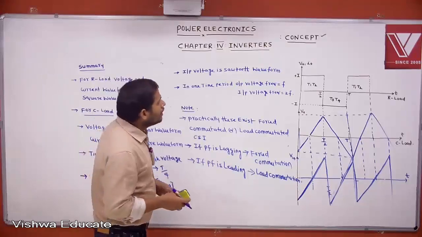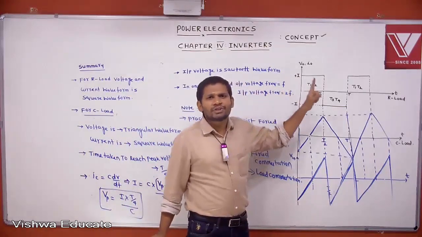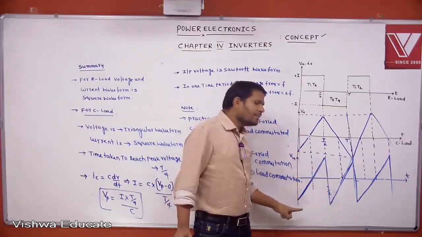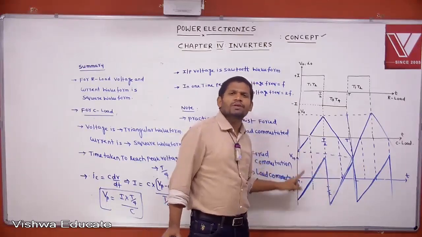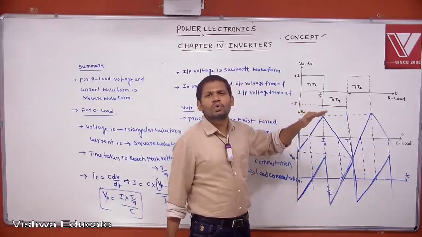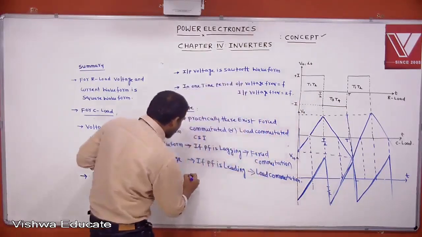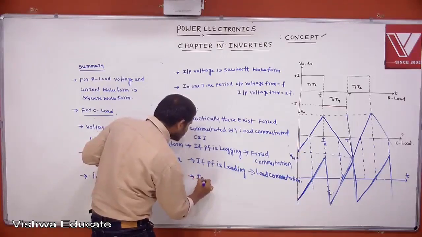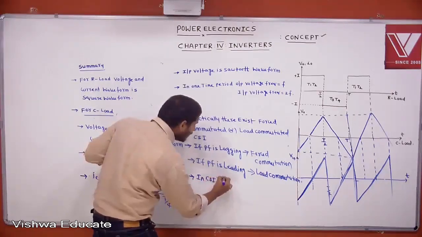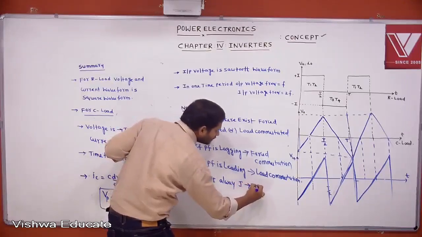Okay. But in a current source inverter, the current is always unidirectional. But based on whether the average input voltage is positive or negative, the power is delivered either from source to load or from load to source. That means in a CSI, I is always unidirectional.